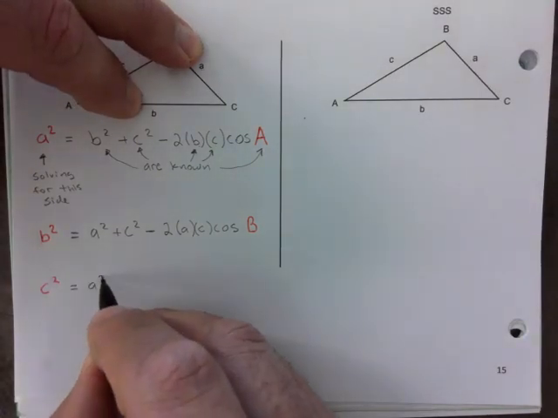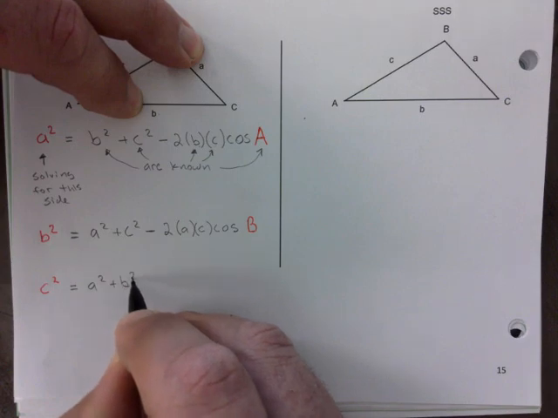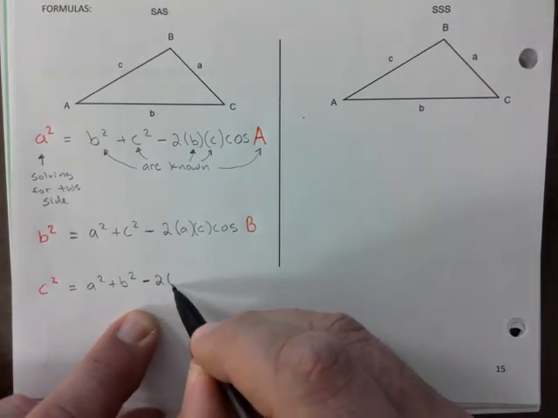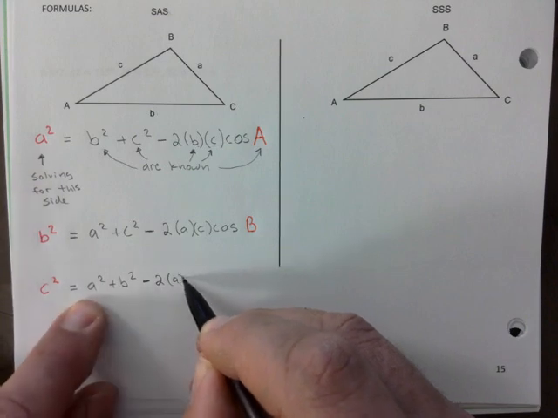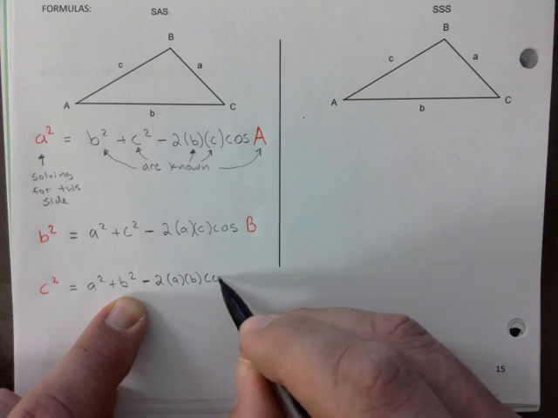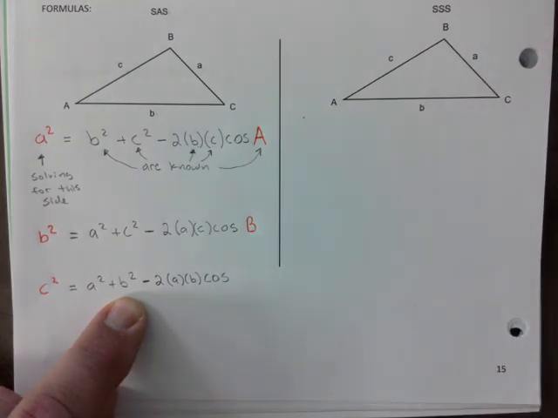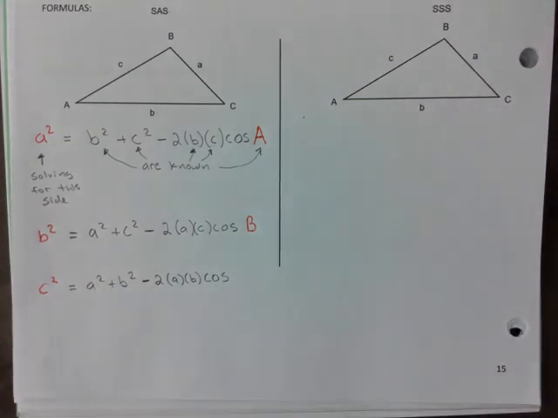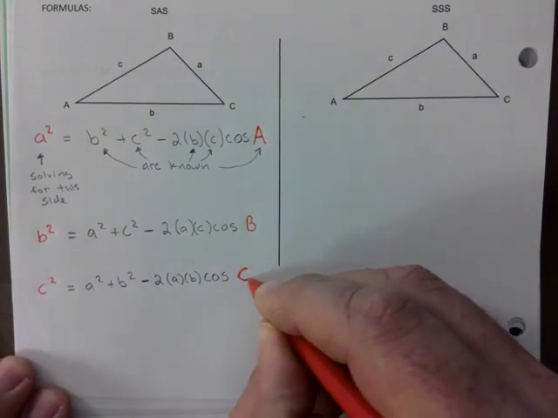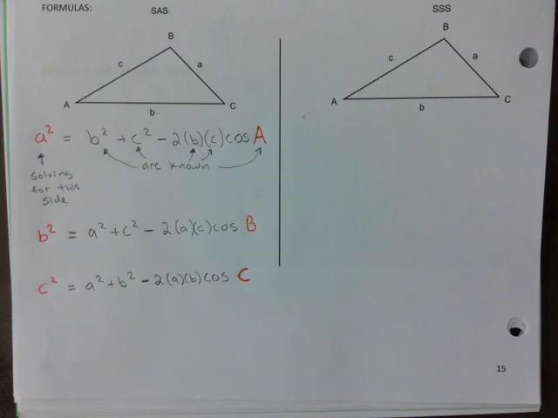So we'll go A squared plus B squared minus 2 times A times B. And don't despair right now if you're a little confused, because once we do an actual problem, it's going to probably make more sense, okay? There you go. There are your 3 variations, but really you just need one.